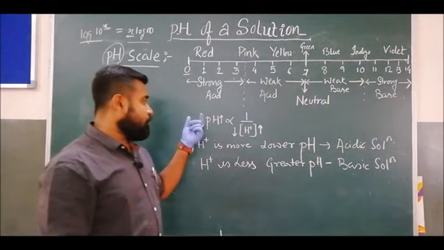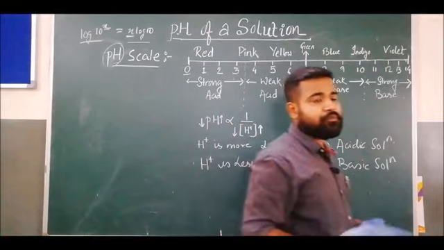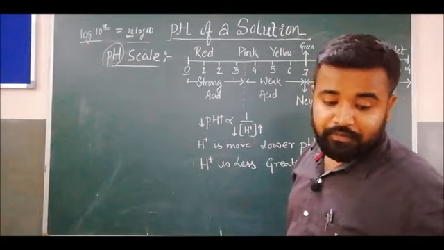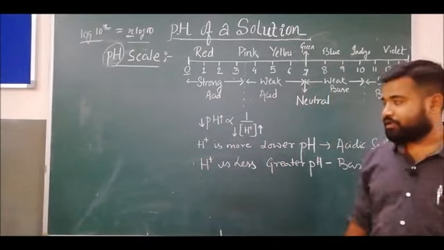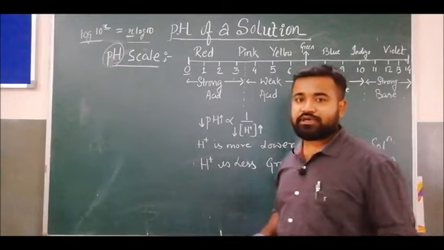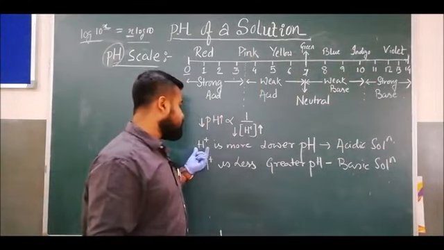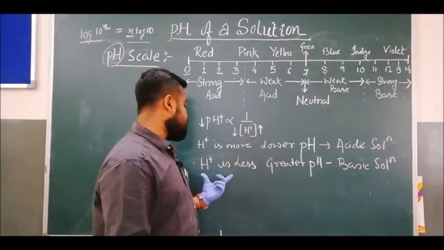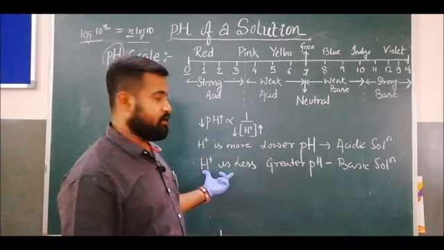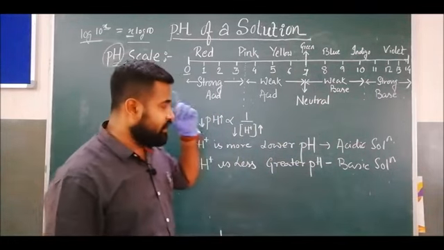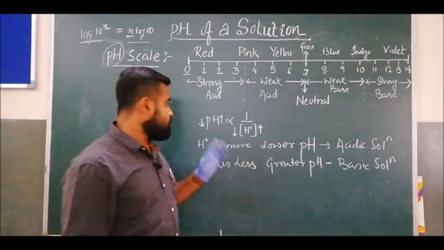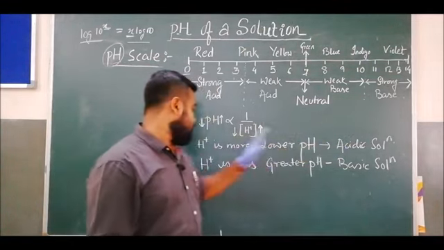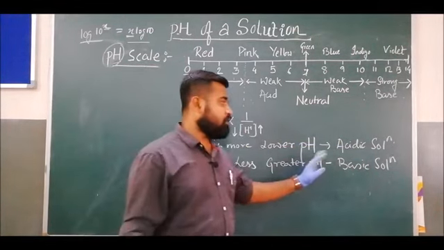Clear? So we can say that pH is inversely proportional to hydrogen ion concentration. If the hydrogen ion concentration is more, pH is lower; if it is less, pH is higher. Greater H plus ion means lower pH value, an acidic solution. Lower H plus ion means greater pH, a basic solution.